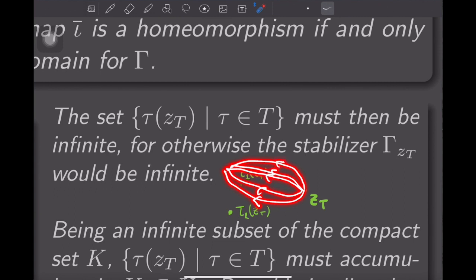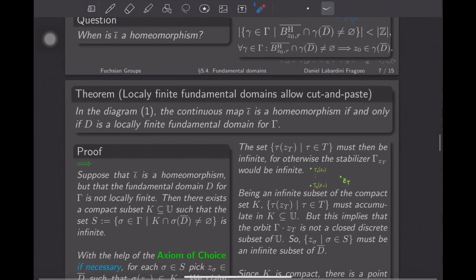And then I would be able to do the following. Go with one element, and then you can come back with infinitely many different ones, etc. Then what I would obtain is that the stabilizer of Z T would be infinite, in contradiction with the fact that gamma is Fuchsian.